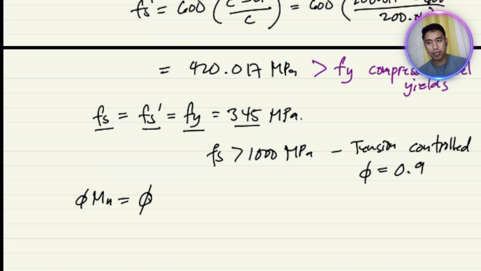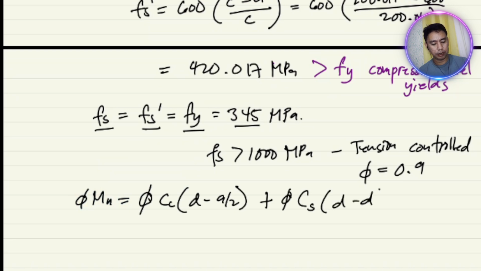So we have phi of CC. Ano yun? Pwede natin gamitin yung concrete. CC times D minus A over 2. Okay? That's the first couple. Second couple is phi times CS times D minus D prime. Yan yung moment arm. D minus D prime.